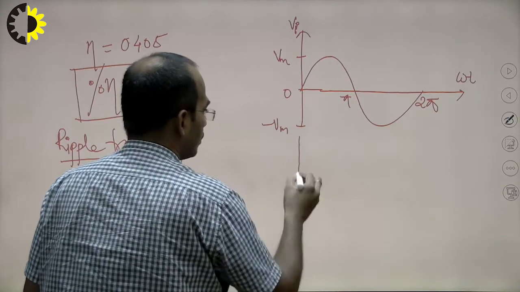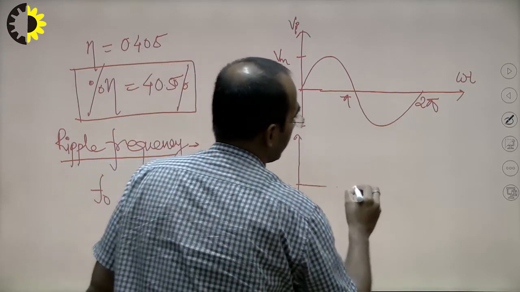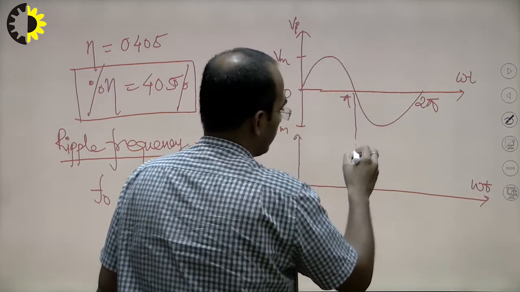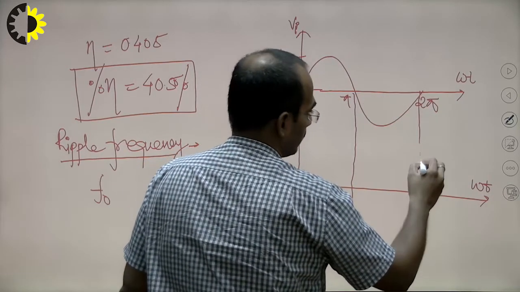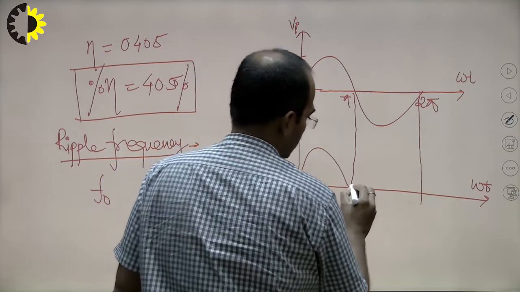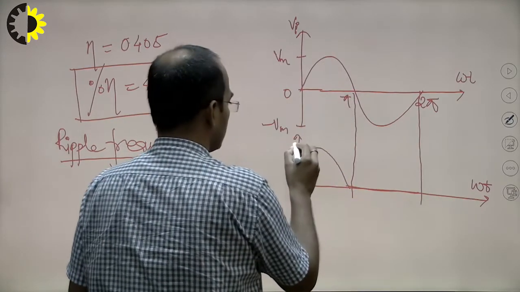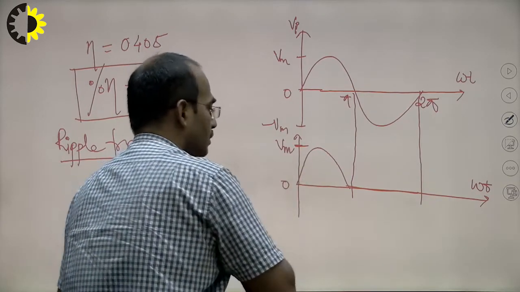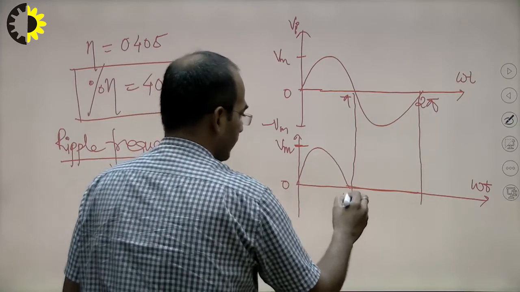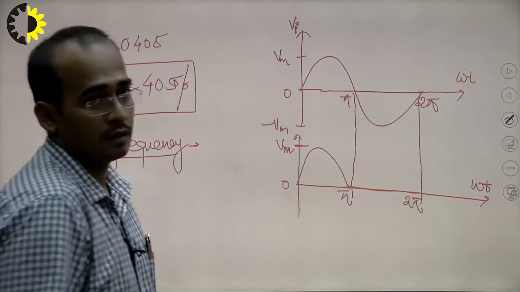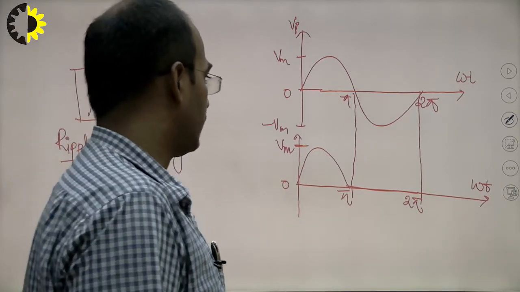The output was 0 for this. So, how will I define the output frequency for this rectifier circuit?